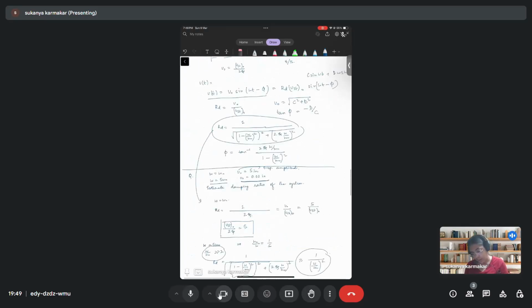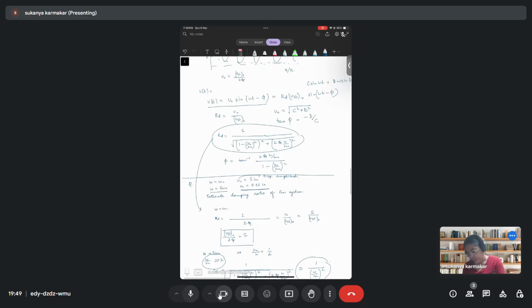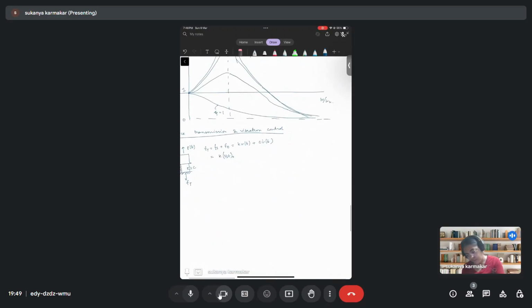What is u of t? u of t is ust naught into rd into sine of omega t minus phi. So here I am taking u to be written like this, rd into ust naught into sine of omega t minus phi, and I'm substituting this u in this equation.